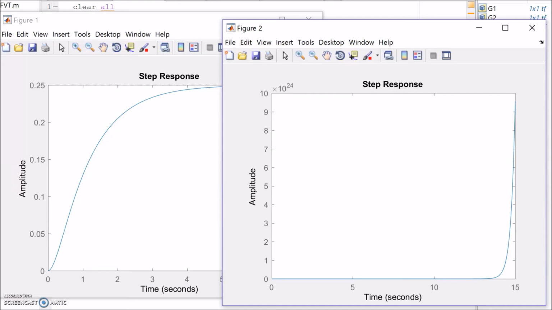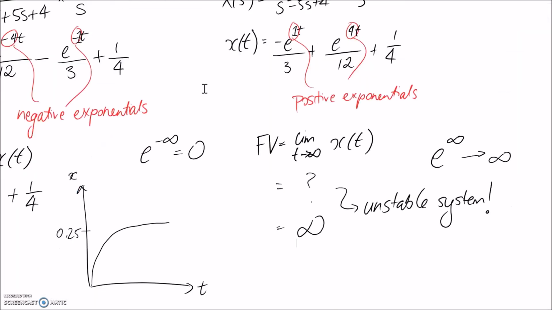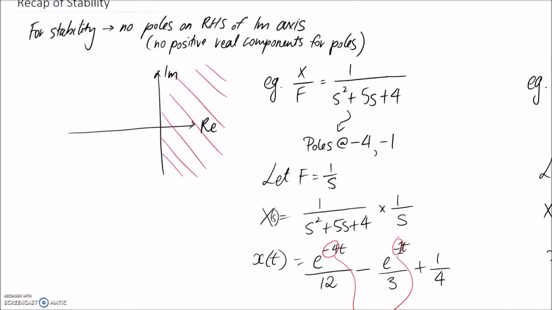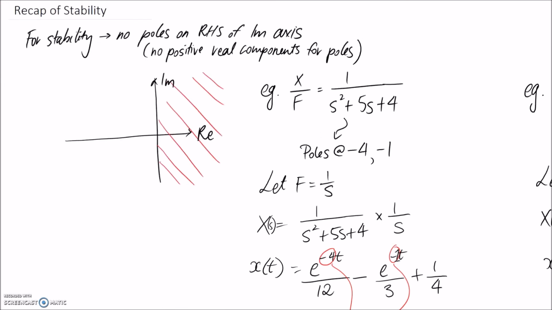So that's why, if we jump back here, we always want to make sure that we have our poles on the negative side of our real axis, because that ensures that we end up with negatives in the exponentials and, again, systems which are stable.